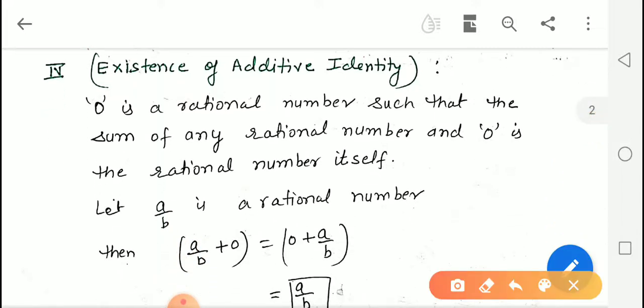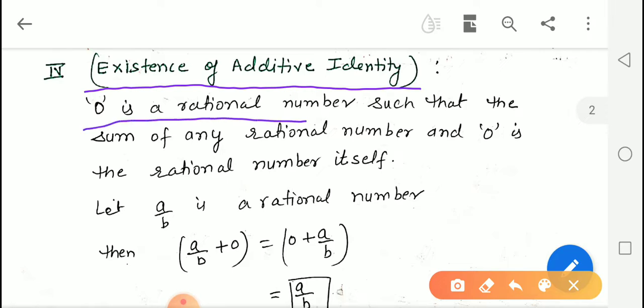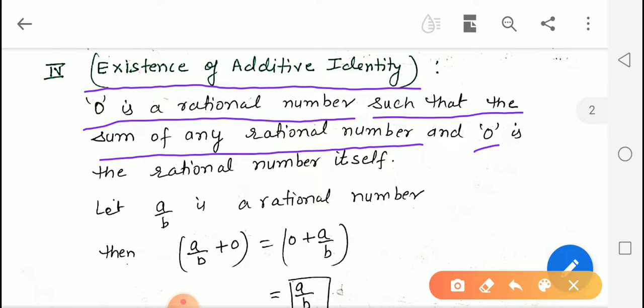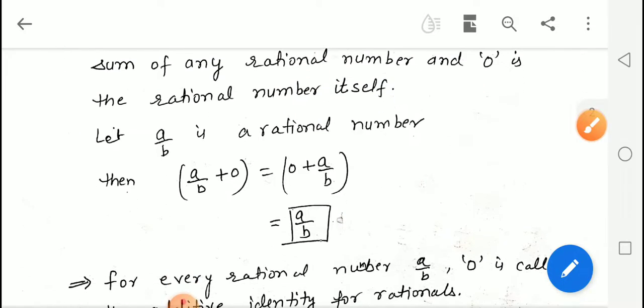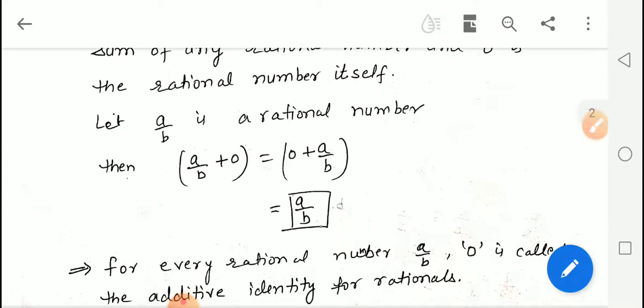Now the next property is existence of additive identity. It says that 0 is a rational number such that the sum of any rational number and 0, meaning 0 is added to any rational number, then the answer is the rational number itself. It means that whenever 0 is added to a rational number, the answer will be the same rational number which is given.